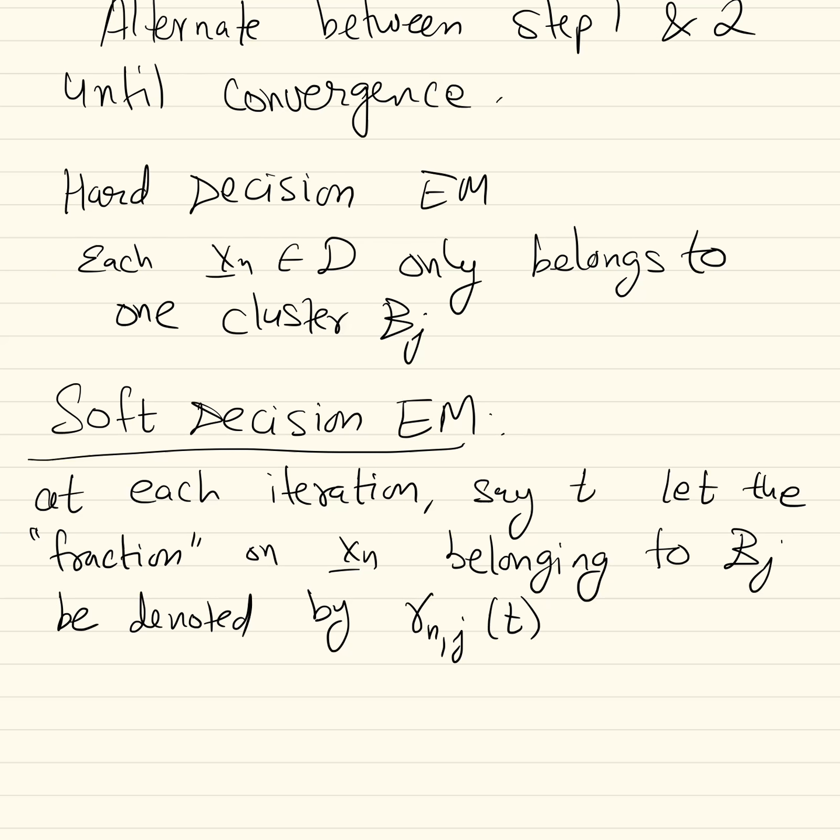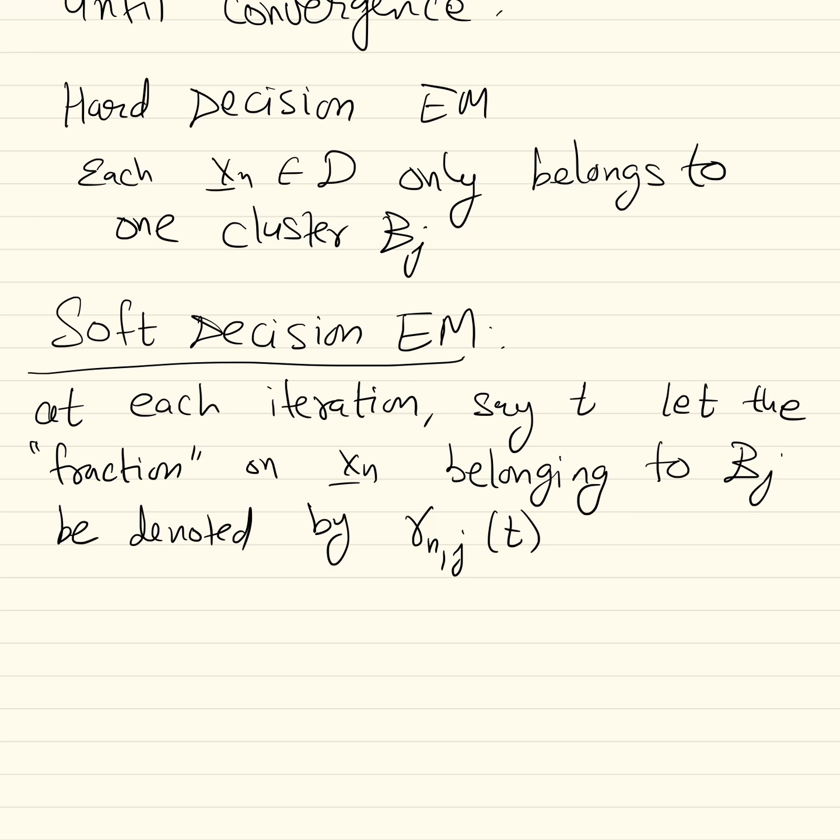So if we take n equals 1, then for x1 we do not want to say it definitely belongs to cluster 1 or cluster 2 and so on. We say that a certain fraction of x1 belongs to cluster 1. That will be gamma 11 of t at iteration t. A certain fraction of x1 belongs to B2. That will be gamma 12 of t. So all gamma nj's are positive.